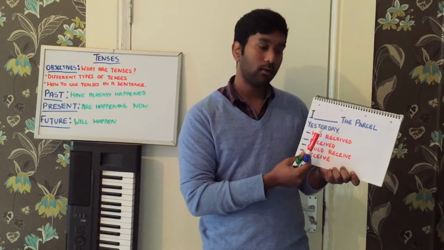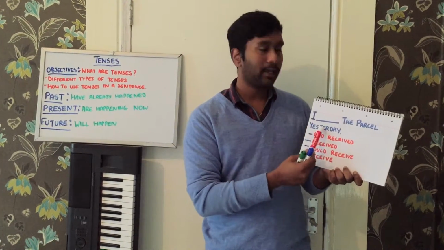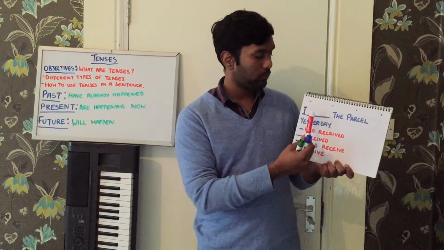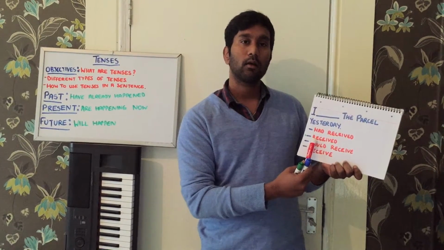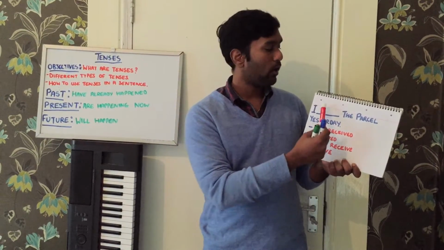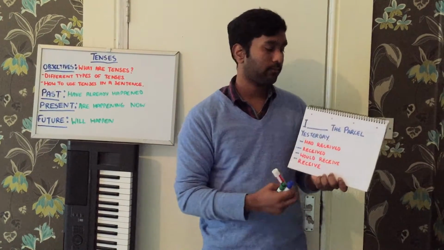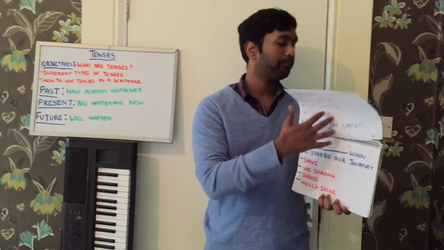So the time here is yesterday, which indicates the past. So the perfect answer for this would be I received, which is also in the past. So I received the parcel yesterday is the right answer. Alright, students, so let's move on to the next example.